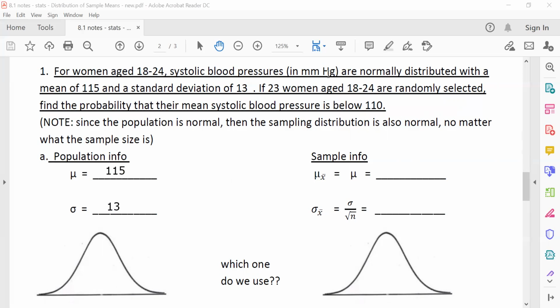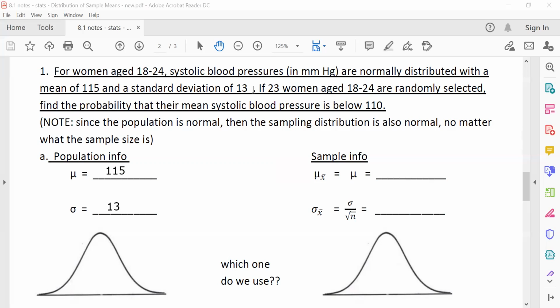We're also assuming that the population is normally distributed, meaning if you took an individual woman between 18 and 24, her blood pressure should be 115 with a standard deviation of 13, meaning you can compute the probability that she has a blood pressure of over 130 or less than 100.